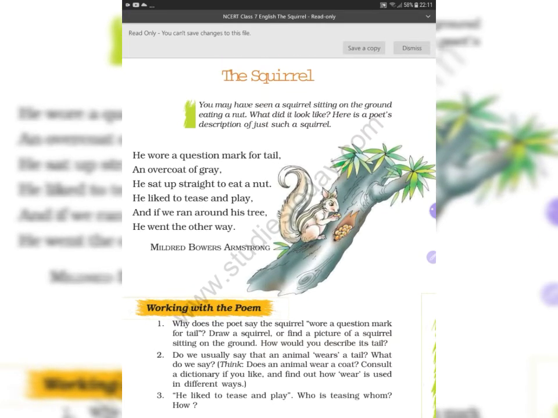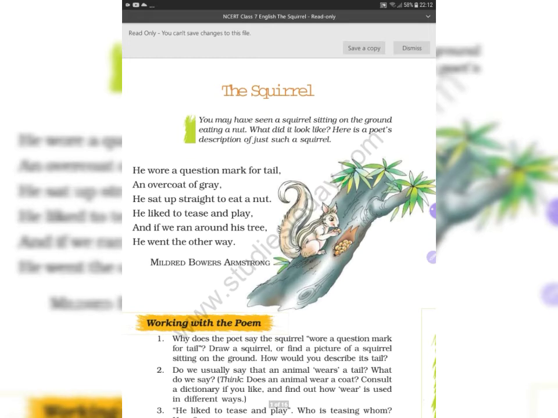So the poem starts with a beautiful line. Let me read it for you. He wore a question mark for tail. If you have seen any squirrel, then you have definitely seen its tail. And here the poet is talking about that tail in such a manner that it is shaped like a question mark. Let me show you with the help of the magic pen which question mark the poet is talking about.